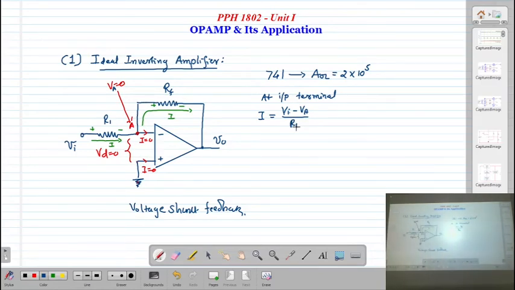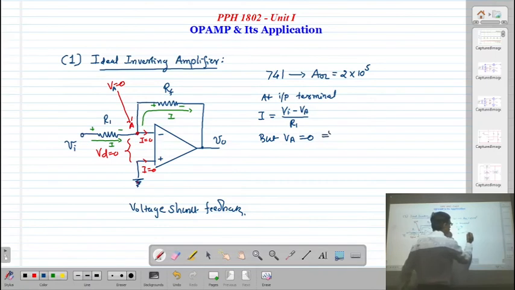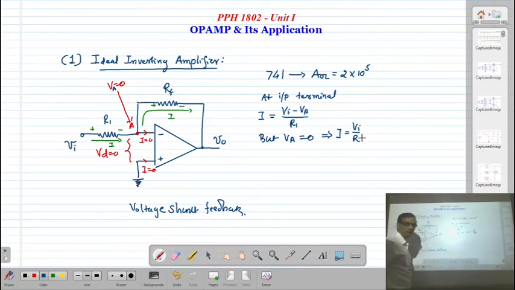Correct? But what is VA? It is zero. It is at ground potential. Since VA is equal to 0, we can say the current I is equal to VI by R1.